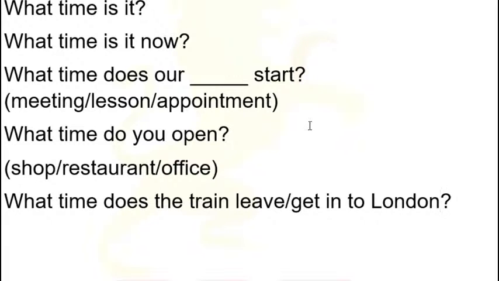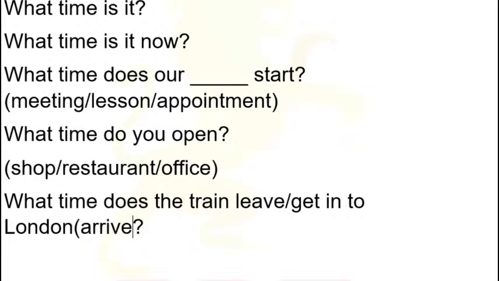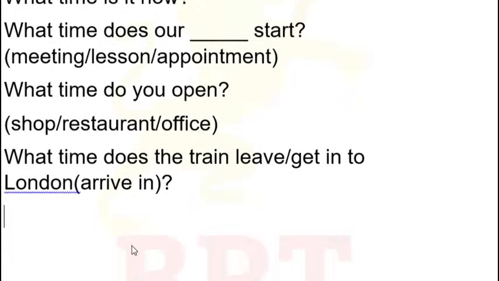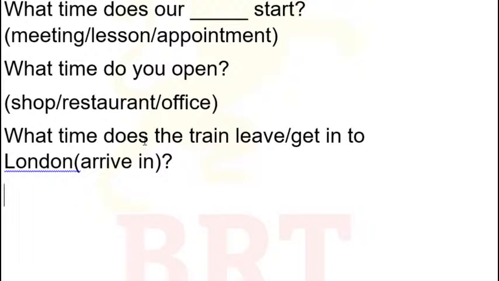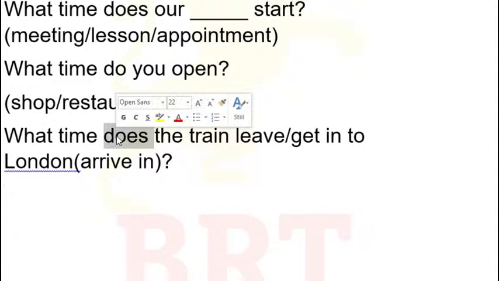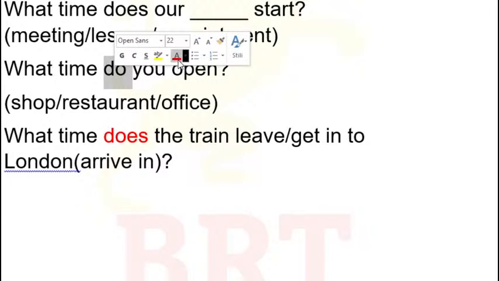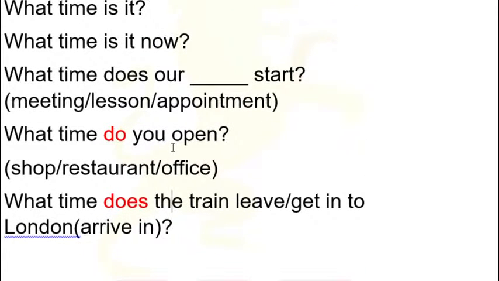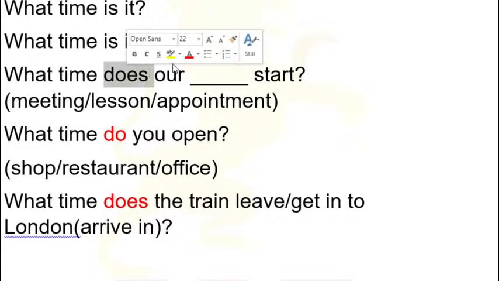You can also say arrive in London. So remember, does is an auxiliary verb, un verbo ausiliare. So it's do, and this one as well.